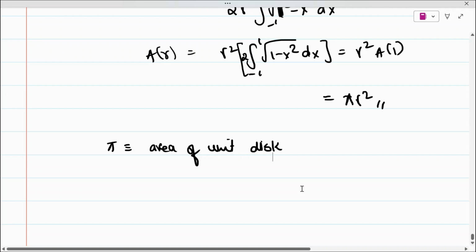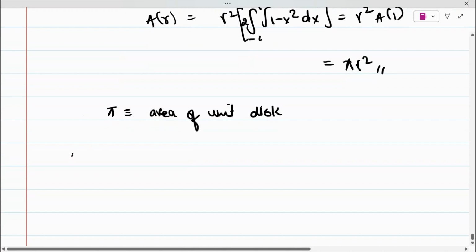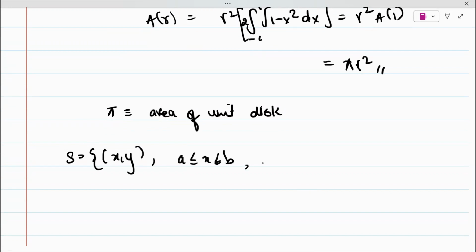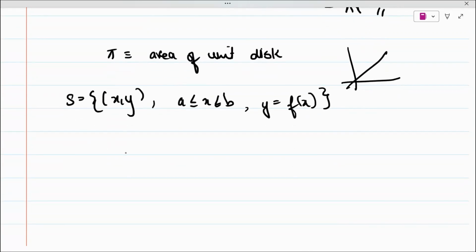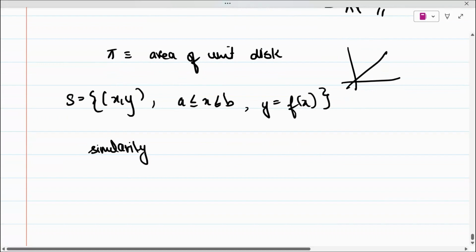Now we come to some linear algebra, or basically the integrals. So say we have a set such that there are points xy with a less than or equal to x less than or equal to b for some interval, and y is equal to f of x. This is the graph itself, essentially. Say y equals x, we have that. So basically, a similarity transformation is you just scale it.